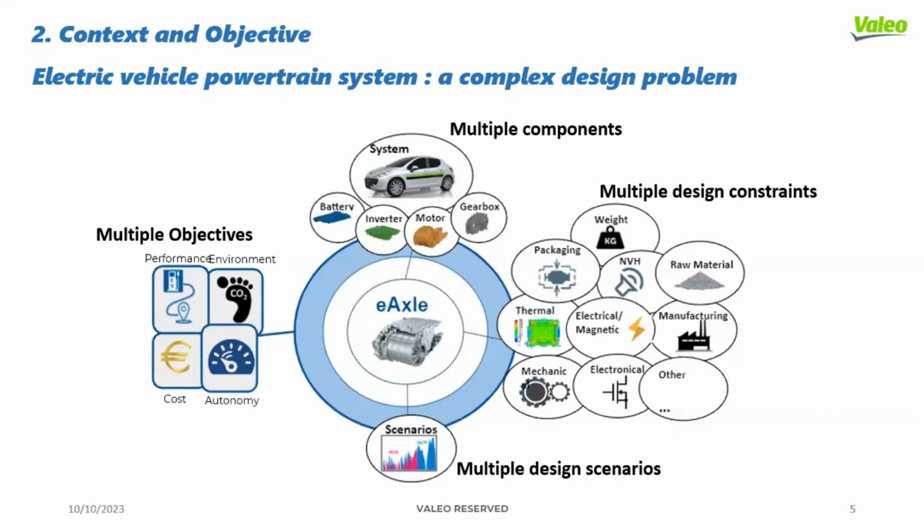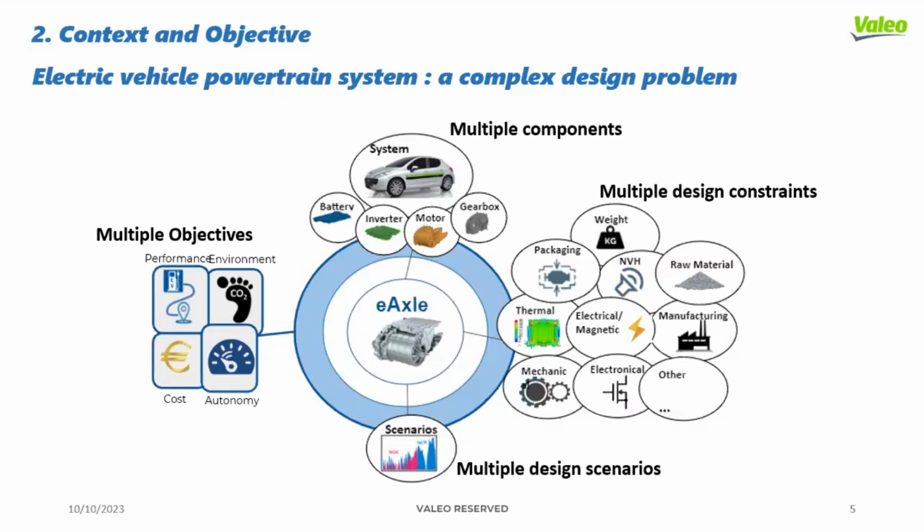We are interested in these three, but we need to take into consideration the battery capacity as well. We have multiple design constraints concerning thermal, mechanical, and other constraints. We have multiple objectives. Yes, we want performance, but we don't want to pay a lot in order to stay competitive with the conventional cars.